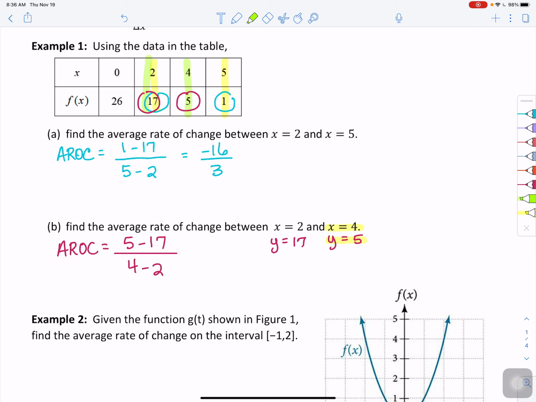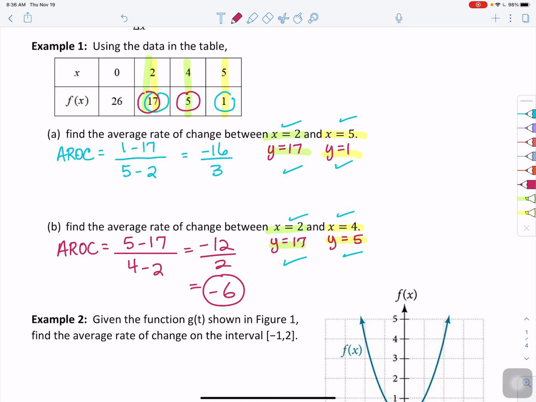So those go together, and these go together. And I can do that here as well. This is a coordinate, and that's a coordinate. Okay? So that's where we get 1 minus 17 over 5 minus 2. 5 minus 17 over 4 minus 2. So here we have a negative 12 over 2, and we can simplify that to negative 6.